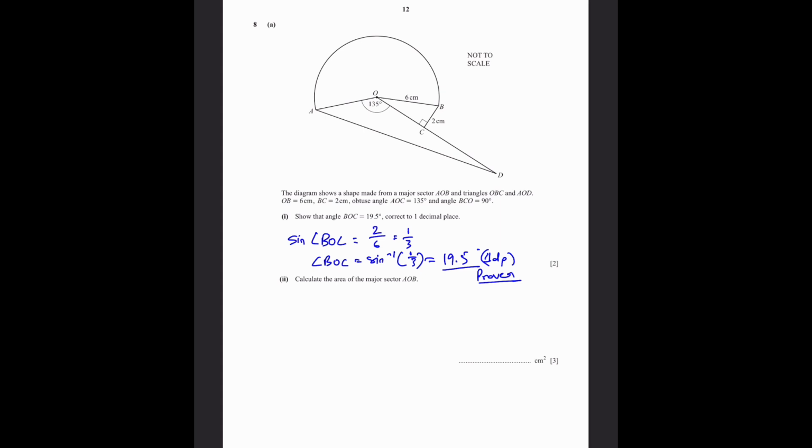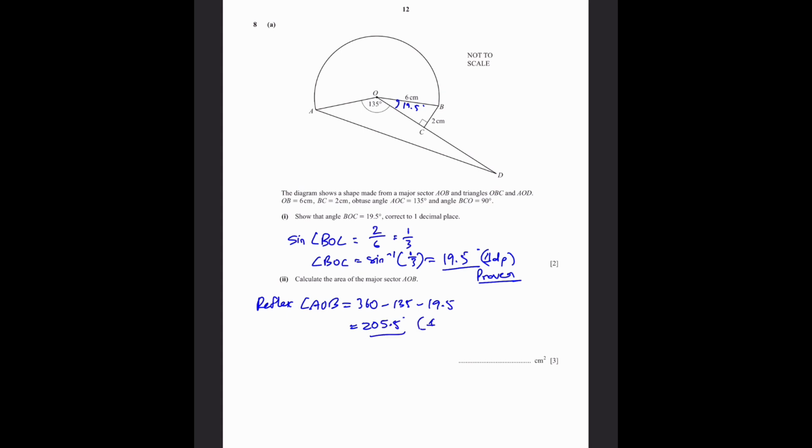We know that angle BOC is 19.5 degrees. Therefore, we can now find the angle AOB, which is the reflex angle, the one greater than 180 degrees. So reflex angle AOB is just going to be 360 minus the angles around the point, which we know, to get 205.5 degrees.